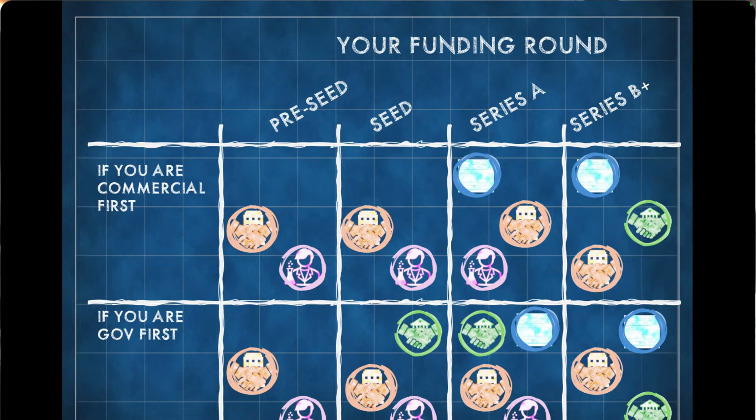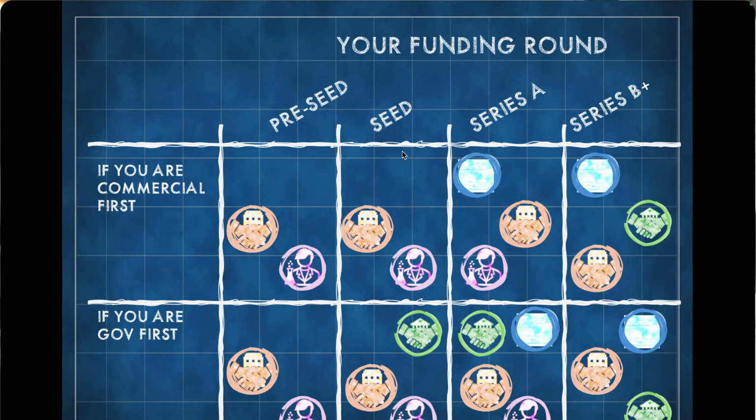But here's my recommendation. If you're pre-seed, I'm going to assume you pretty much don't have a product yet. So generally speaking, I think that subcontracting, this yellow icon, and then the purple R&D to sales pivot strategy are probably your best bet.